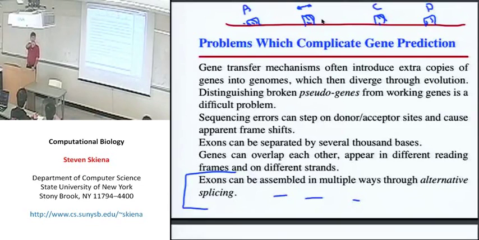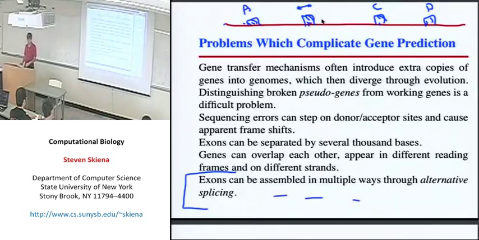You'd like to say, you give me this hunk of genomic DNA, I tell you there are 4 exons, and in fact the way they are probably going to be assembled is A, B, C, D, or A, C, D. Any questions? So this is why the problem is hard.